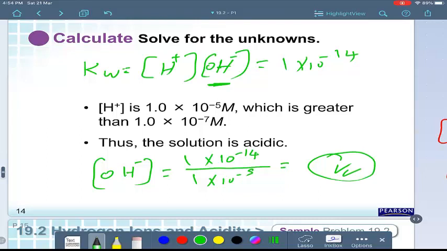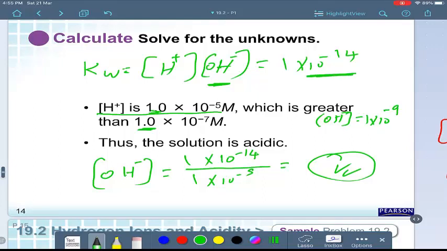And you don't need to calculate. Why? Because here the coefficient is only 1, so you can calculate it directly. If H is 1 times 10 power of negative 5, it means OH is 1 times 10 power of negative 9. Why? Because the exponents of both of them add to negative 14.